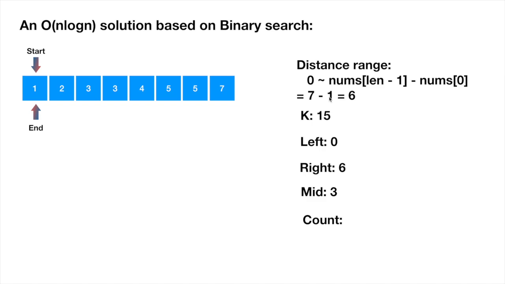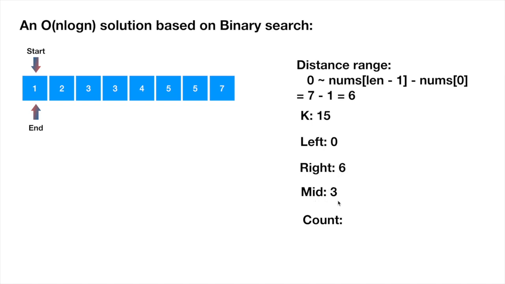And in this situation, we use k equals 5. If you're familiar with the binary search technique, you can find the left and right. The left is our lower bound of the distance range, and the right is the upper bound of the distance range, which is 6.